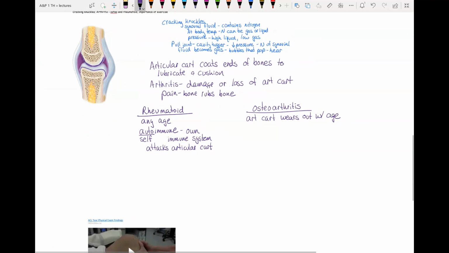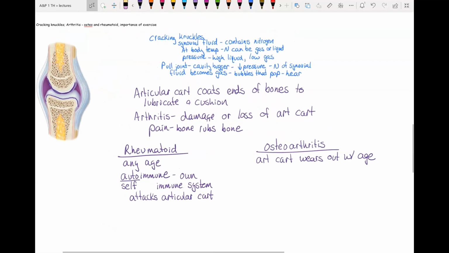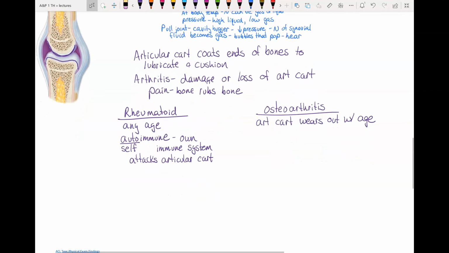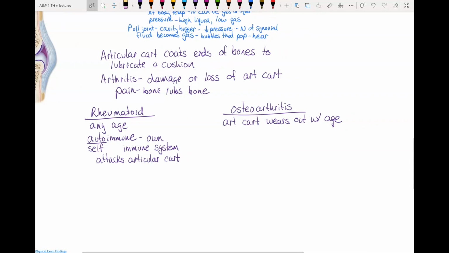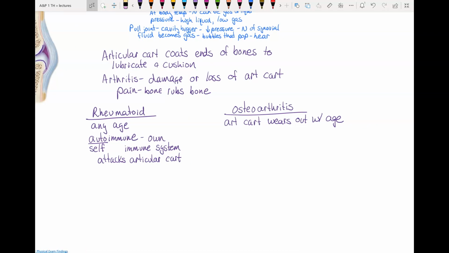It's just eventually that cartilage wears out. This can be prevented with exercise. You may have seen commercials for joint medications and it says like the best prevention of arthritis is staying active. So regular exercise can help prevent osteoarthritis.